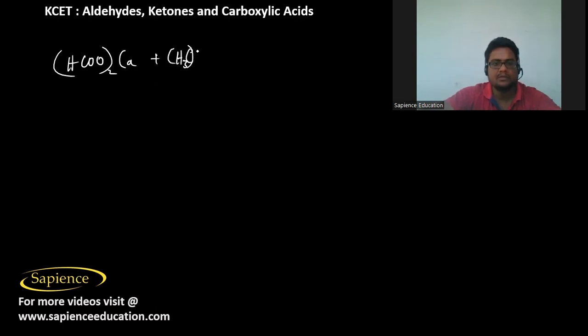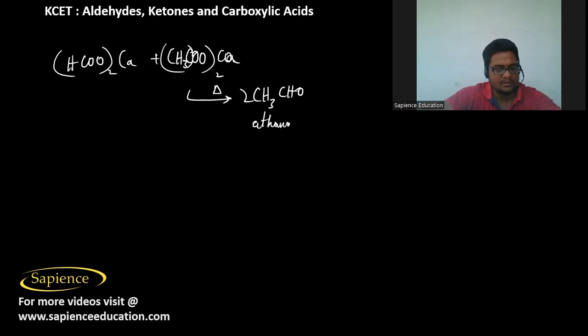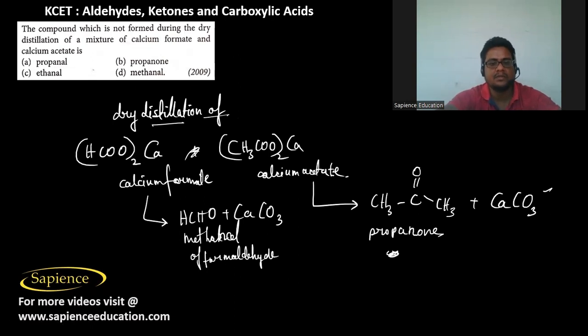When they both are heated, then it will form 2 moles of ethanol, and CaCO3. So here it means that ethanol is formed, propanone is formed, and methanol is also formed, but propanol is not formed.